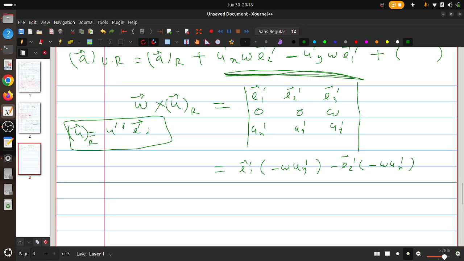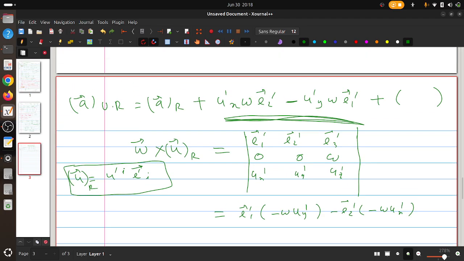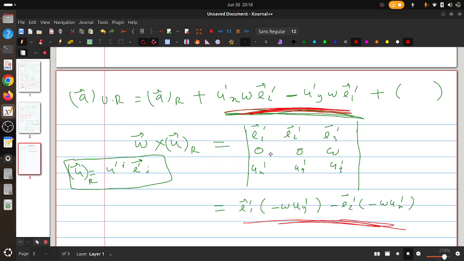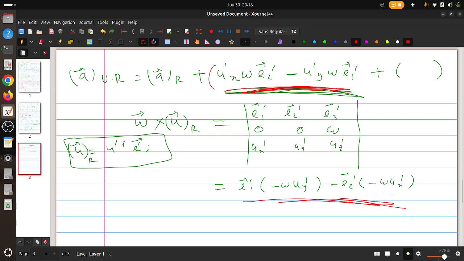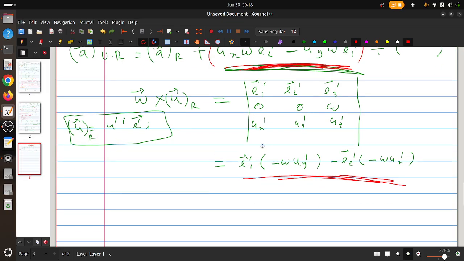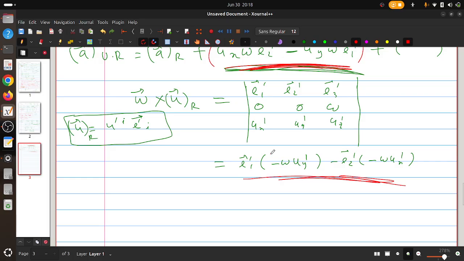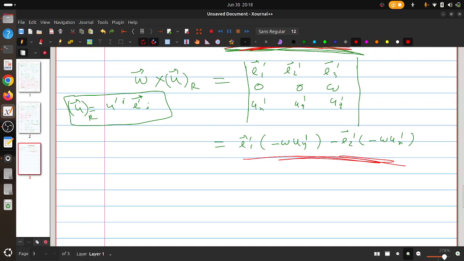But then we see that this expression is exactly equal to this expression, right? If we check, then it comes out right. So basically this quantity here is nothing but omega cross u, where u is in the rotating frame. So we can write that.